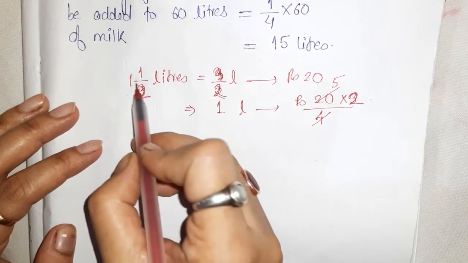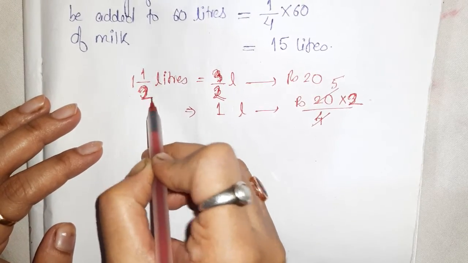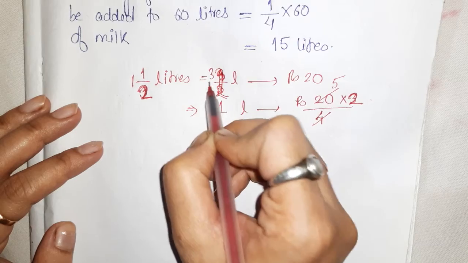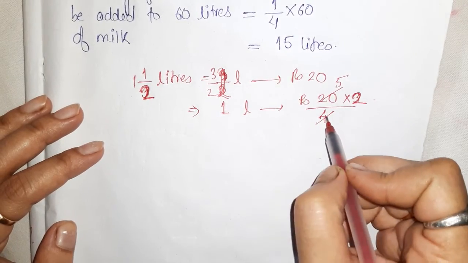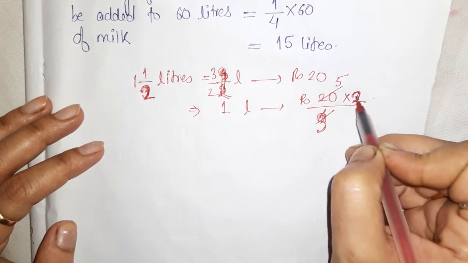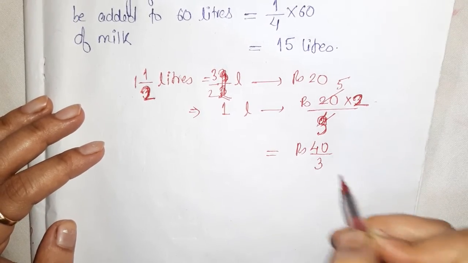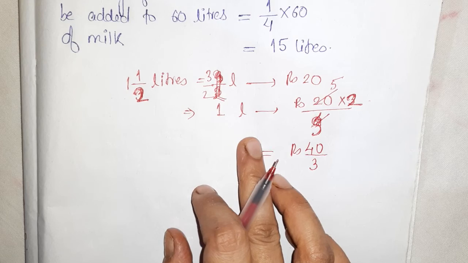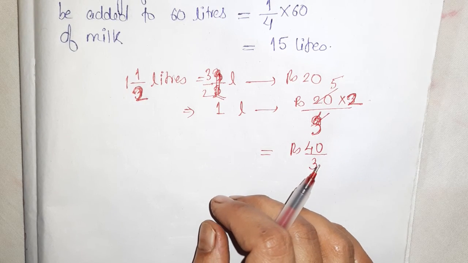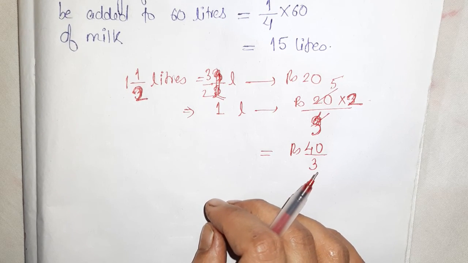Here I made one mistake, I had taken 4 by 3, it is 3 by 2 liters. So ultimately you will get rupees 40 by 3 per liter. Okay, so in this way we find the cost of 1 liter of milk.